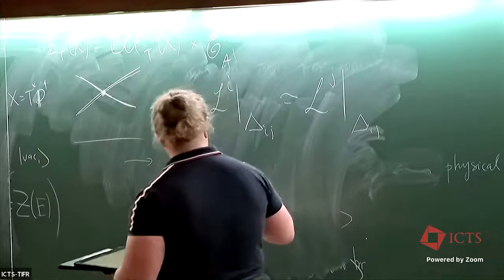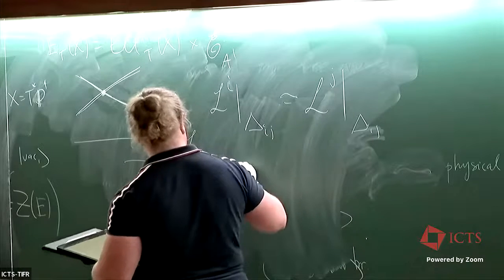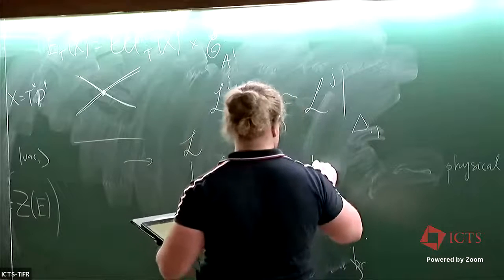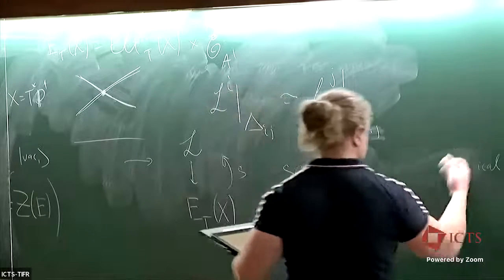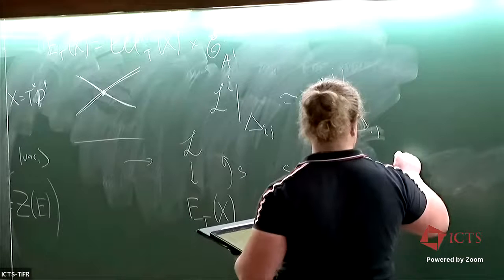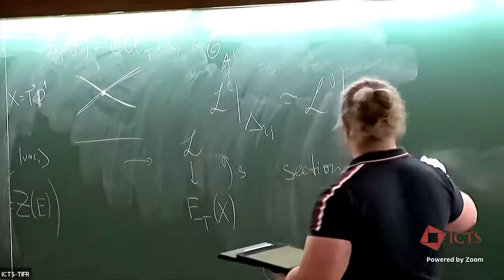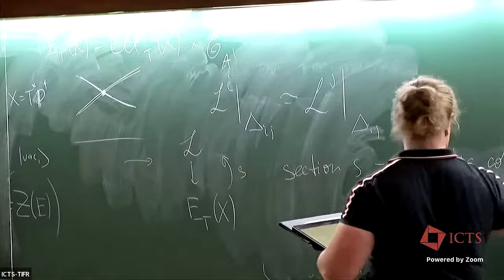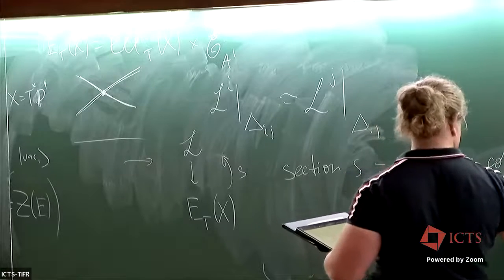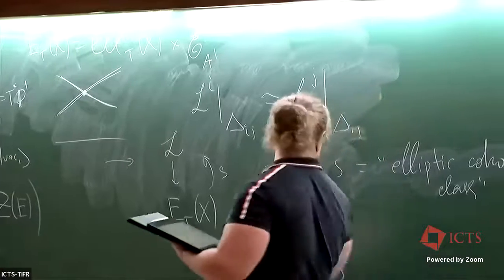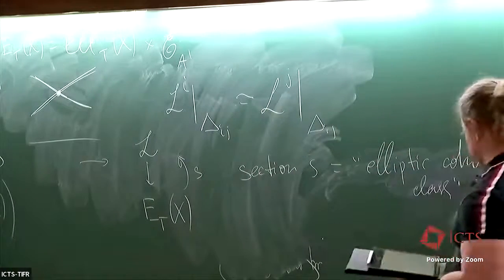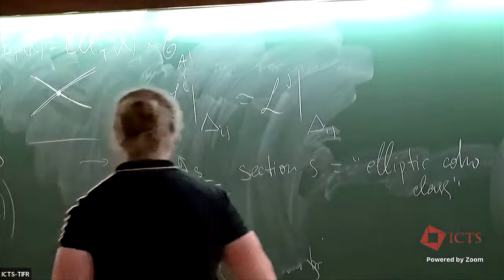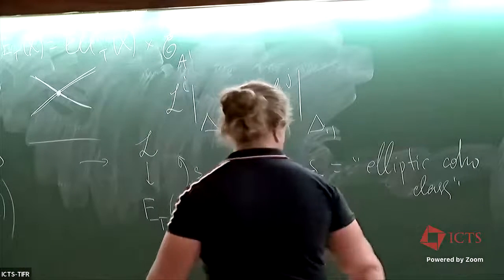And then if we have a section S, this section gives you elliptic cohomology classes. There are techniques in physics that go under the name of Berry connection that allow you to determine the topology of this bundle.